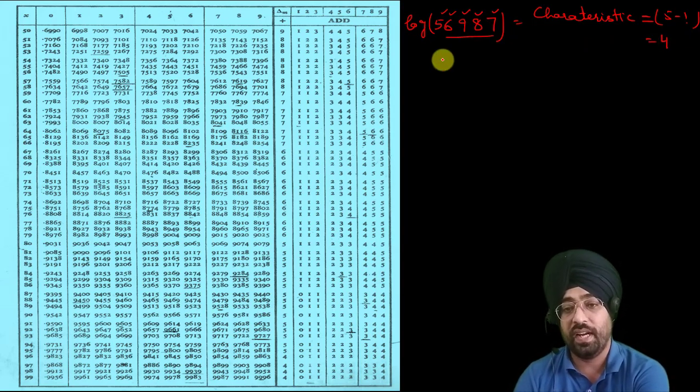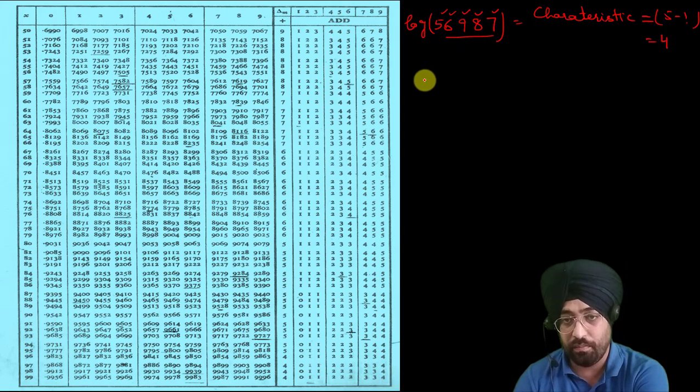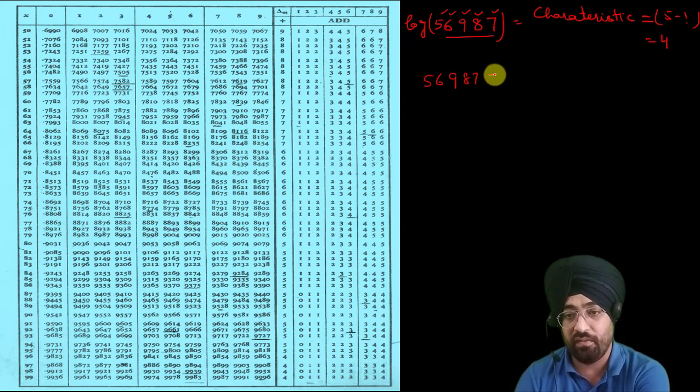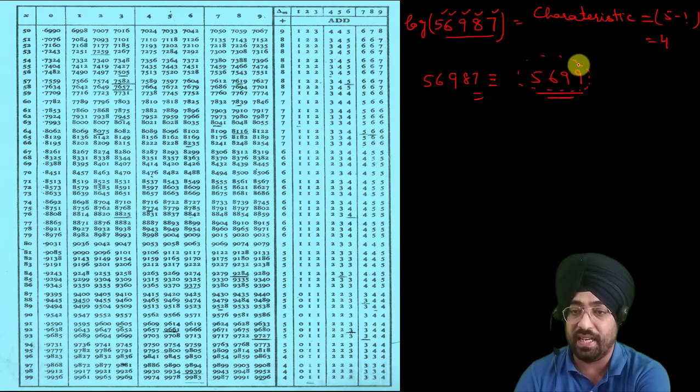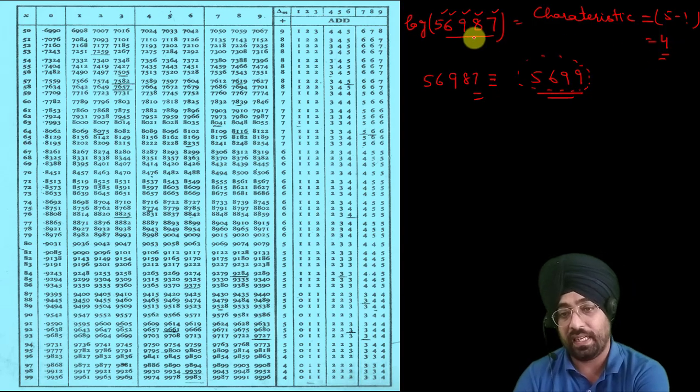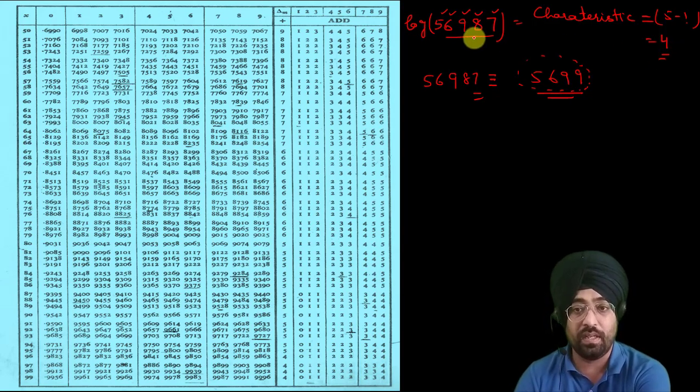Now in order to find the mantissa we need a 4-digit number. So we will convert 56987 into a 4-digit number. The fifth digit is greater than 5, so it will become 5699. So for the mantissa we use 5699, and the characteristic is 4. When finding the characteristic we do nothing to the number, we take it as it is.